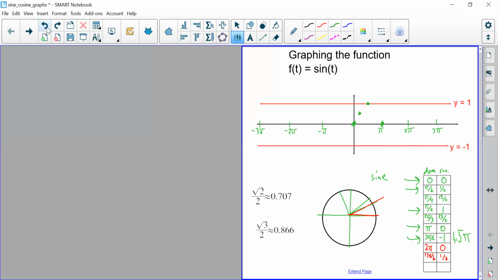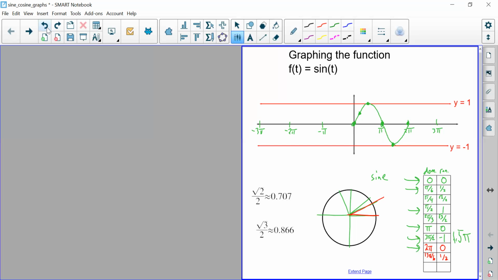So 1.5 pi's would result in -1. And then 2 pi results in 0. Well, if I were to fill in the rest of the ordered pairs and then many, many more, you would see that it forms this nice, very pretty curve. That is the sine curve, the sine wave.